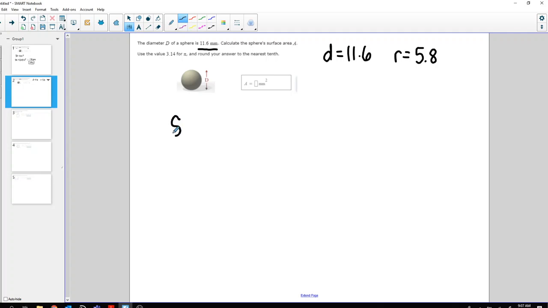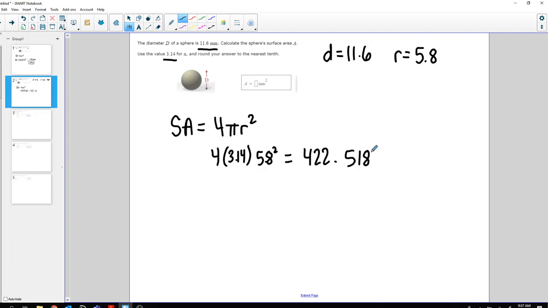So when I go to my formula for surface area of a sphere, I have 4 pi r squared. And again, they want us using 3.14 for pi. So 4 times 3.14 times my radius squared gives me 422.5184.